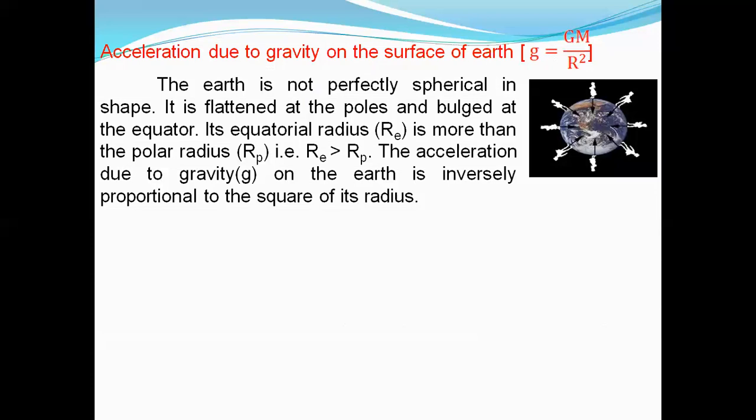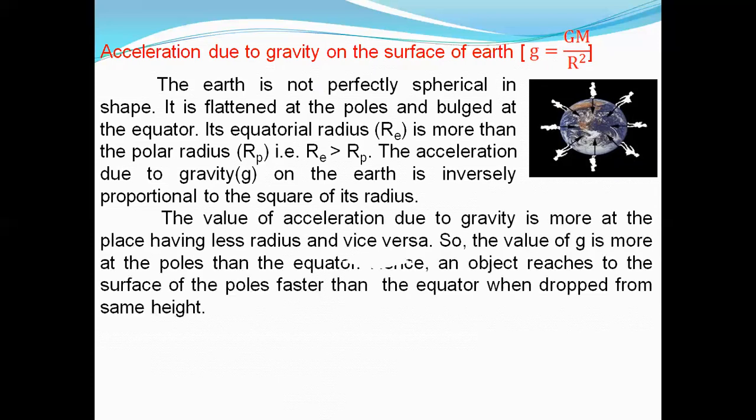The acceleration due to gravity is inversely proportional to the square of radius, and where the radius is less, the acceleration due to gravity is more. Where the radius is more, acceleration due to gravity is less. So the value of g, or acceleration due to gravity, is more at the poles than the equator, because the pole has less radius in comparison to the equator.